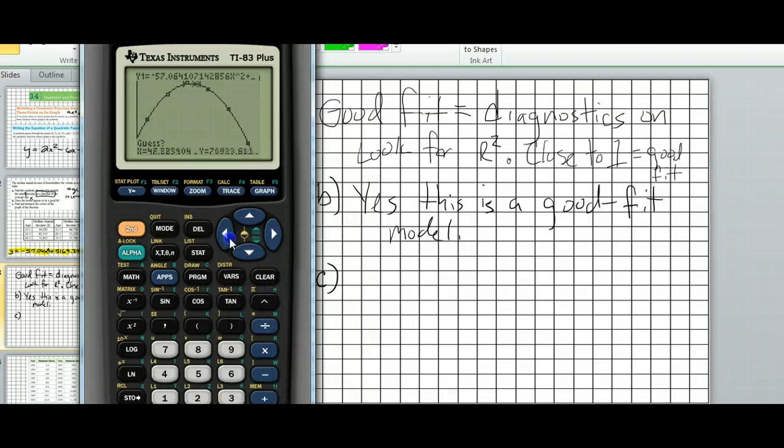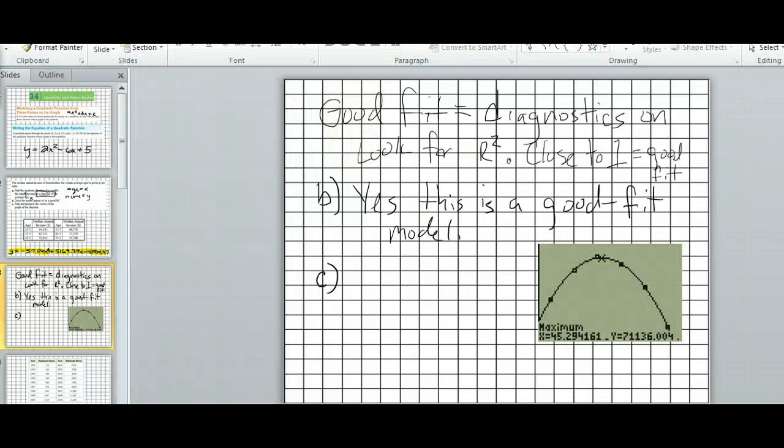And then guess means just get close and hit enter. Alright, it runs through its little thing, and this is coming up with our maximum. So 45.29 for 71,136. Okay. Alright, so I went ahead and put that in there so we could reference back to it.